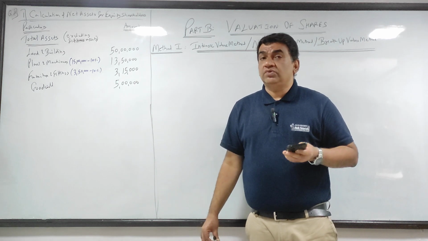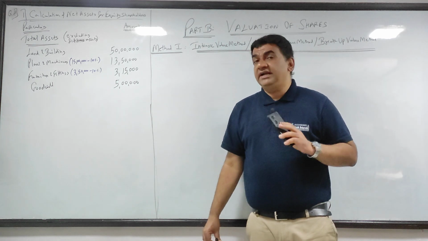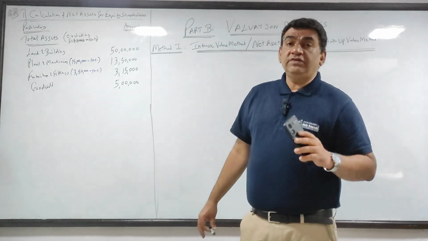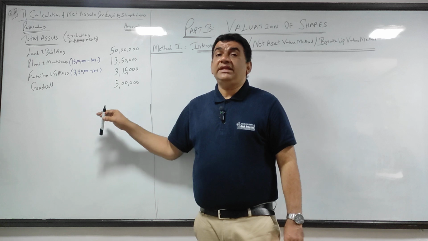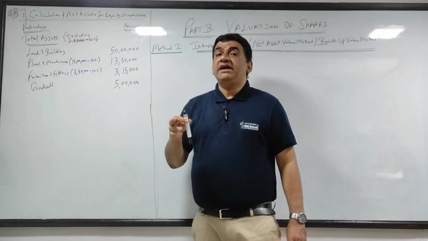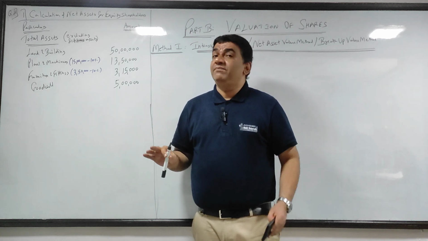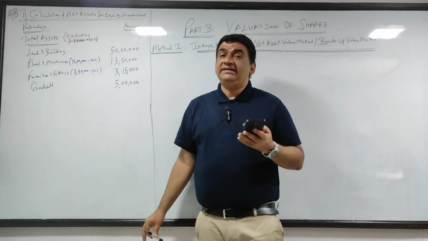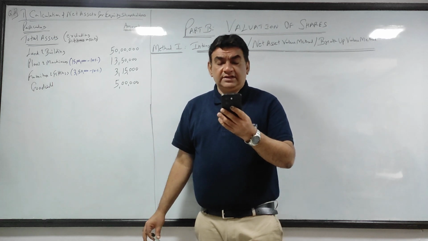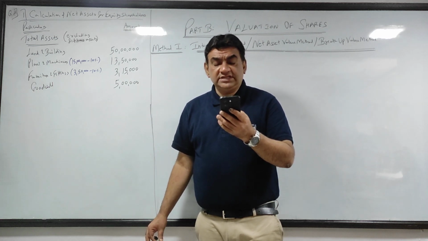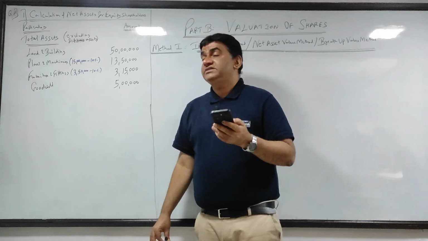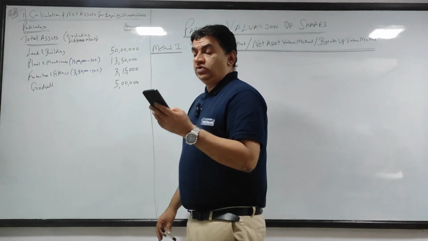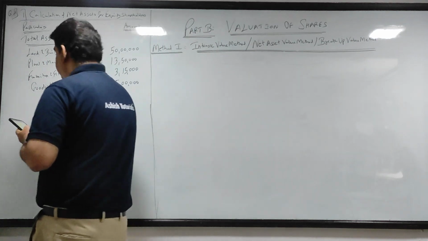Now see the next two. Non-trade investment, trade investment. अगर if we were calculating goodwill and capital employed, I would have avoided non-trade investment, but this is shares, so I will take trade as well as non-trade. Now what the second adjustment says, it is to be considered at 20% above book value. So दोनों को 20% add करो.